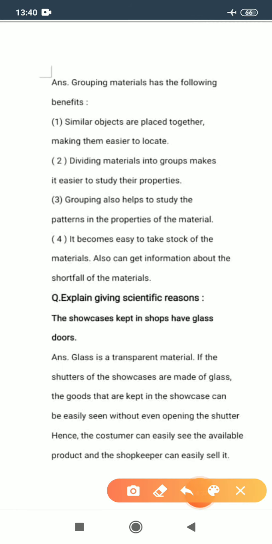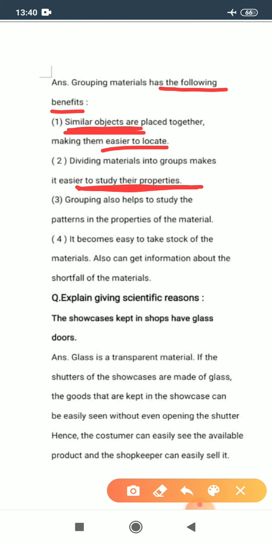So in this answer, we saw what the benefits of grouping materials are. Number 1, we can differentiate similar objects, so we can locate them easily. Dividing materials into groups makes it easier to study their property. Point number 3 was patterns.